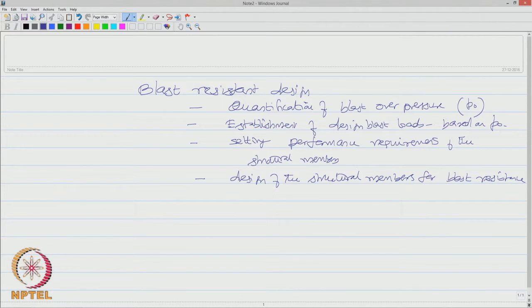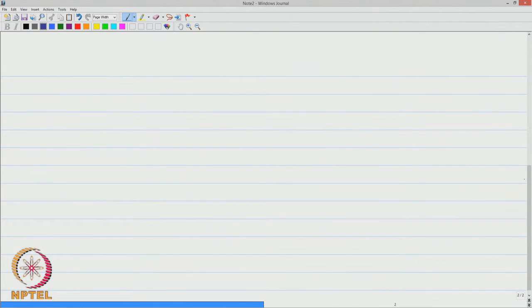Let us ask a question: what is the need for blast resistant design of offshore platforms?